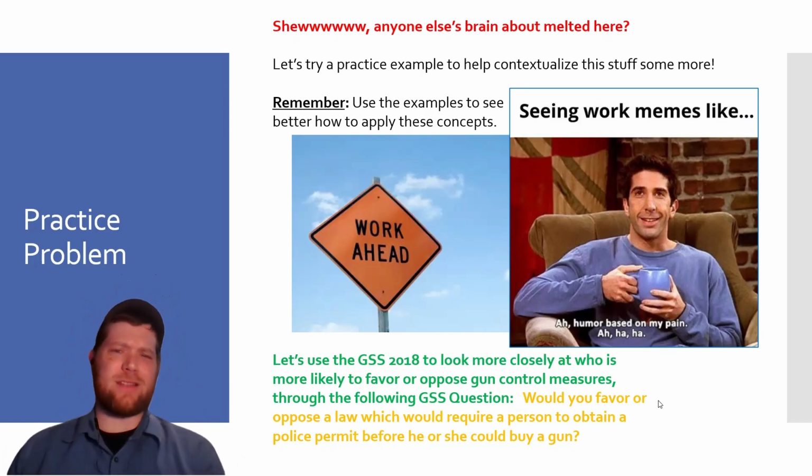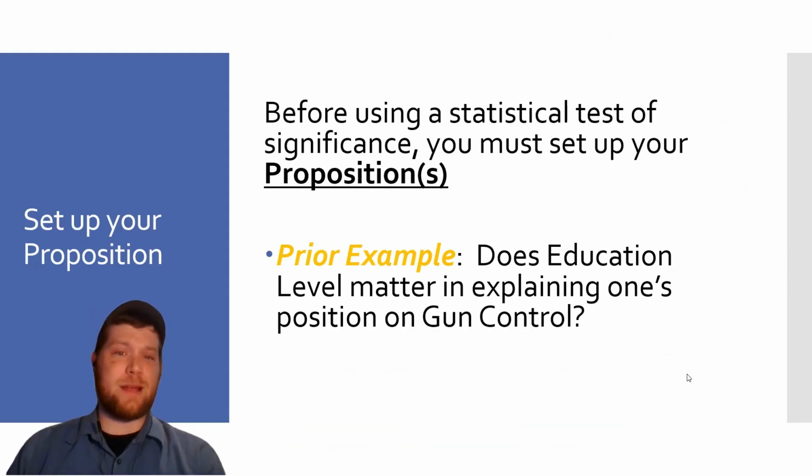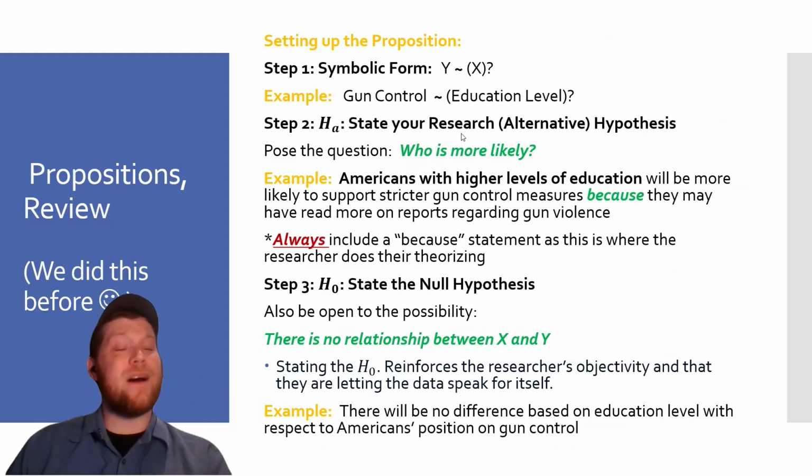So we'll continue to look at 2018 and say, would you favor or oppose a law that would require a person to obtain a police permit before he or she could buy a gun? So we'll set up our propositions, like we did before. Does education level matter in explaining one's position on gun control? We've done this before.